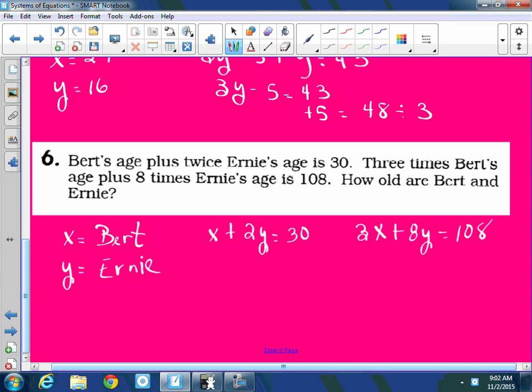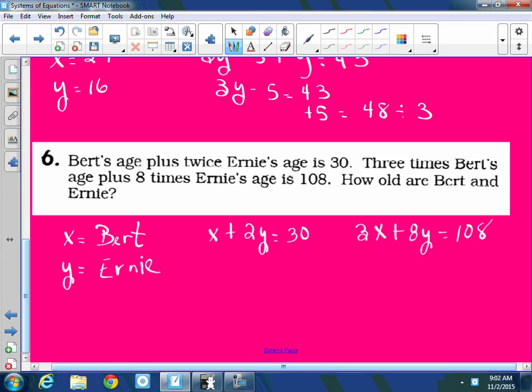All right. What method would you use? You're going to do elimination, which means I'm going to have to multiply one of them by something, right? I would multiply that one by what? Negative what? And what if you multiply by -3?